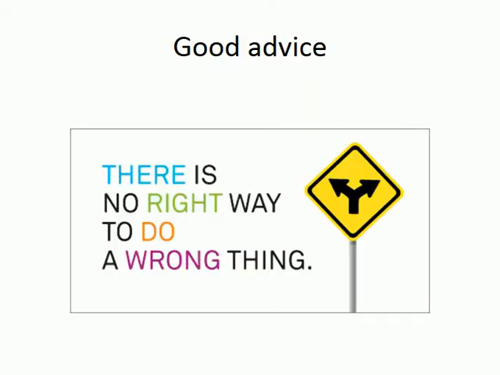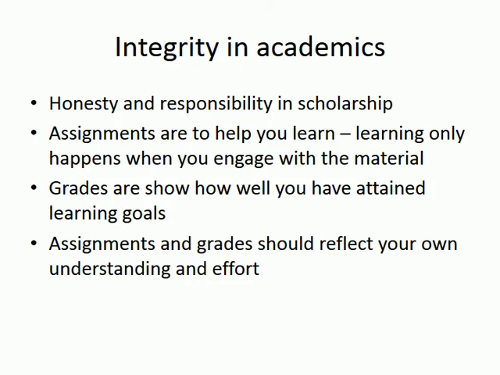And here's some good advice, I think. There is no right way to do a wrong thing. So pretty hard to justify a wrong thing with anything that makes sense. Academic integrity means honesty and responsibility in scholarship. Academic assignments exist to help you learn, and grades exist to show how well you achieve that learning goal.